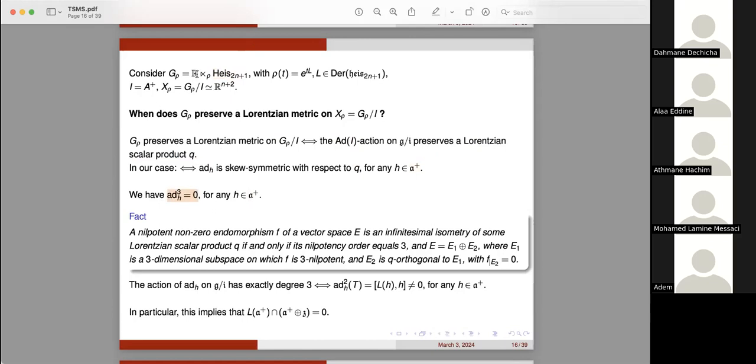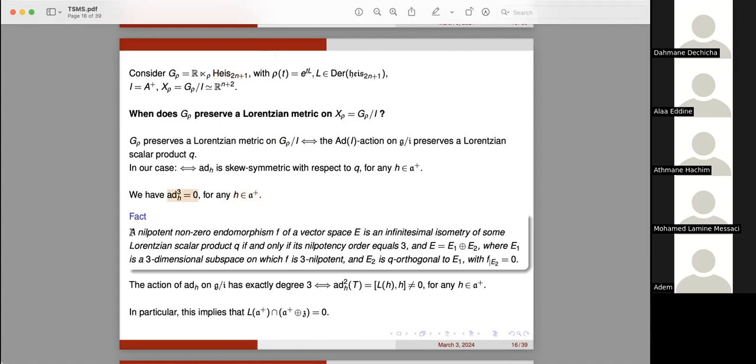If I take an element T in R, I apply the adjoint action of H, I get an element which is in Heis. And then when I apply it again twice, because Heis is two-step nilpotent, I get 0.